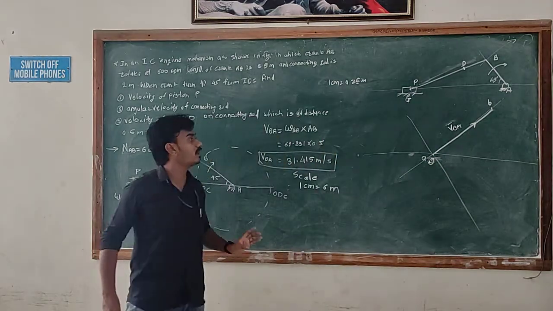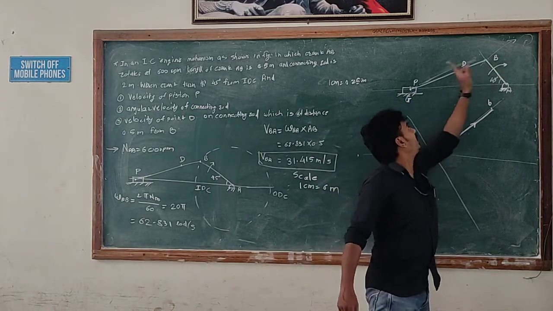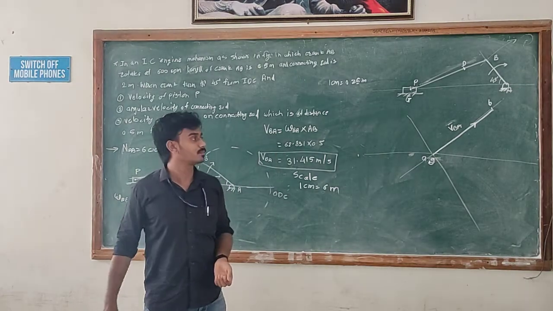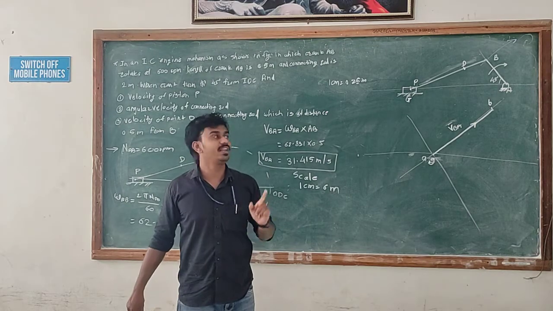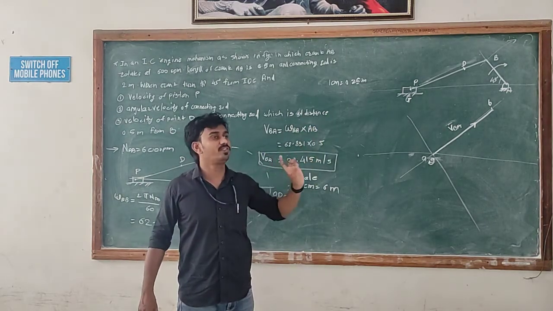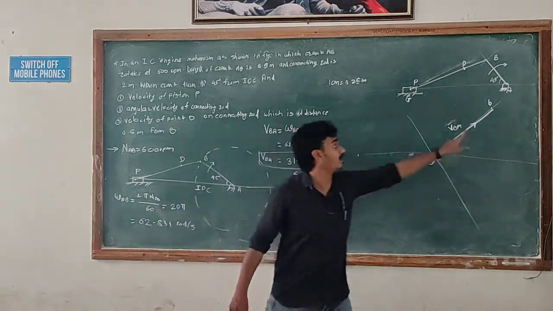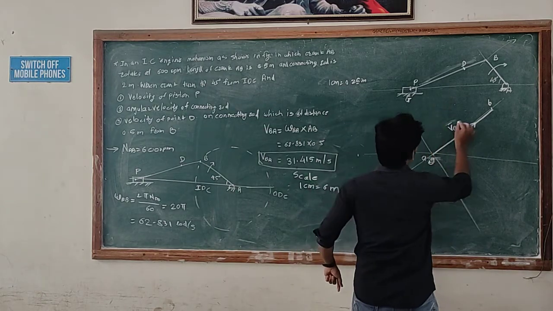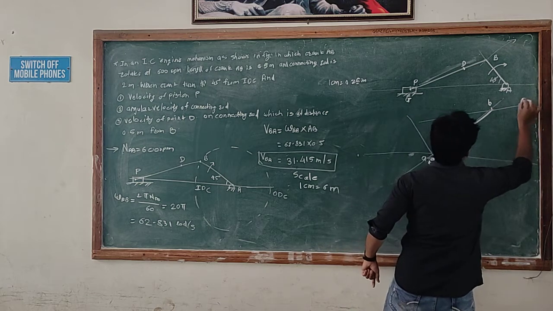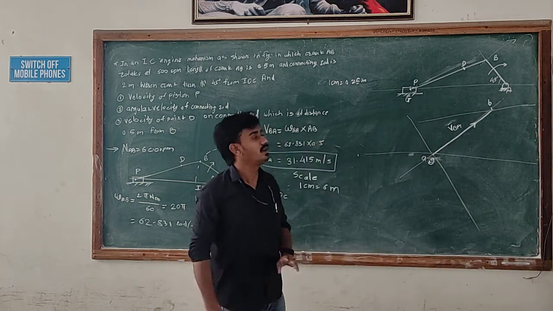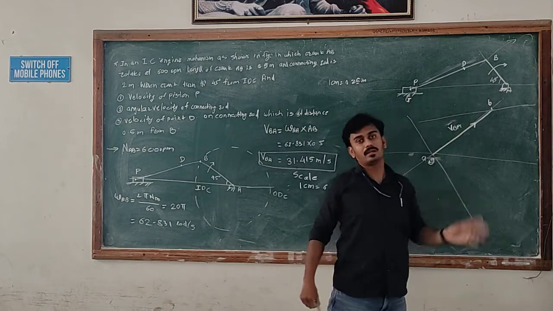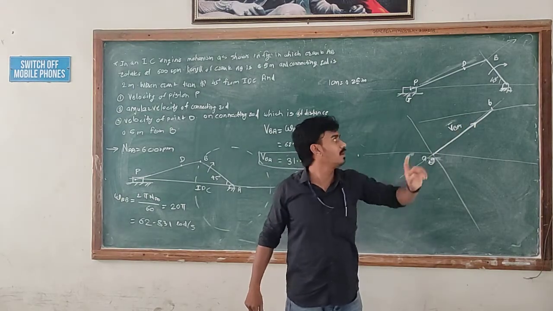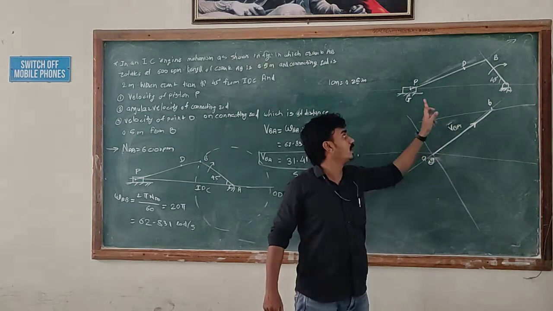Okay. Now here the link BP is a connecting rod, and to draw the velocity vector of the link BP, first of all we will draw one parallel line passing through the point B. So this is my parallel line passing through B and parallel to BP. Now the velocity vector of this connecting rod is perpendicular to the link.